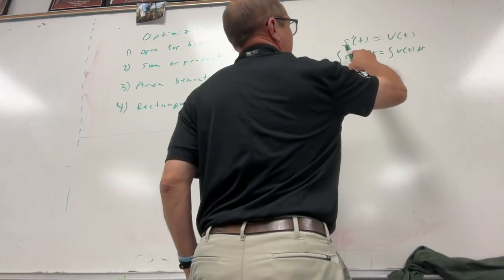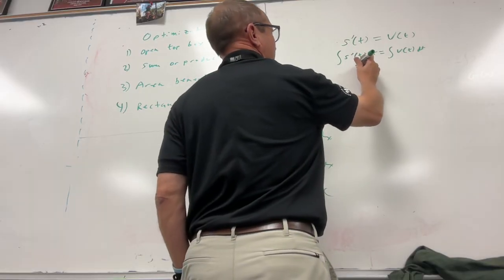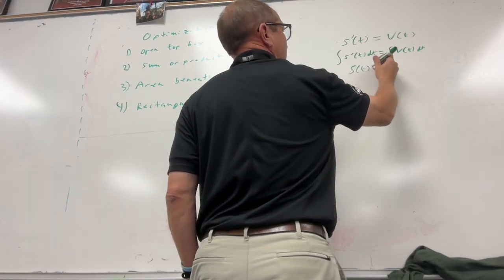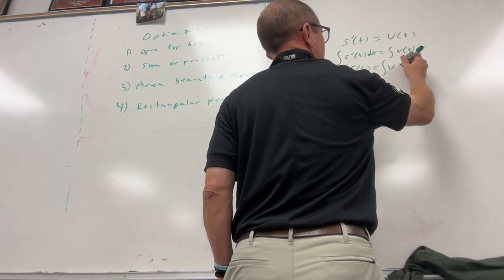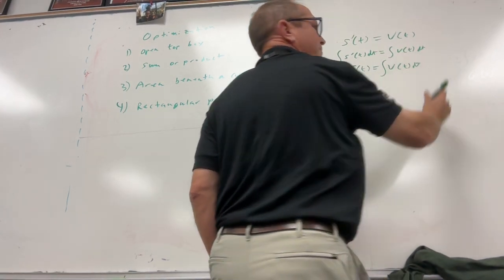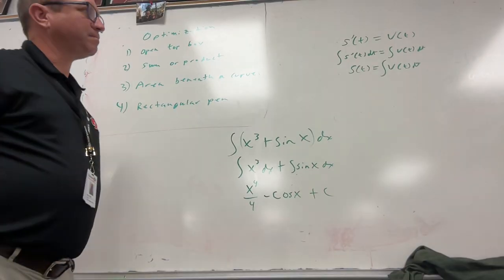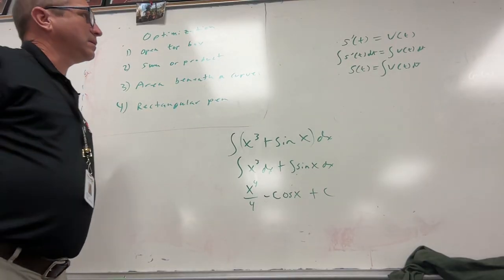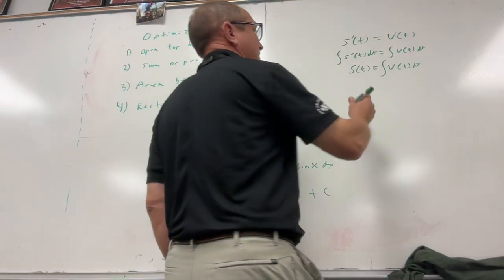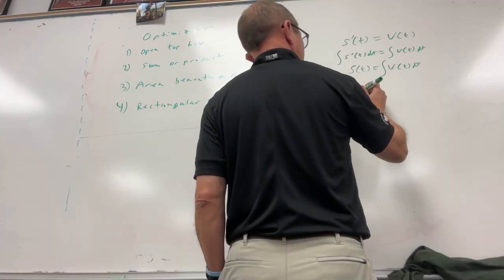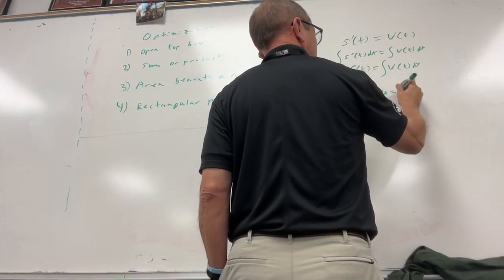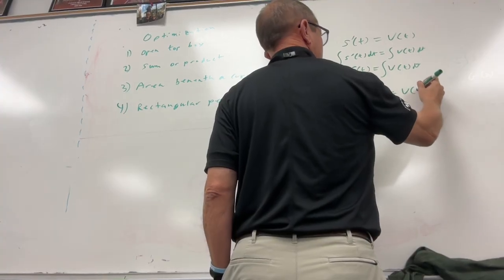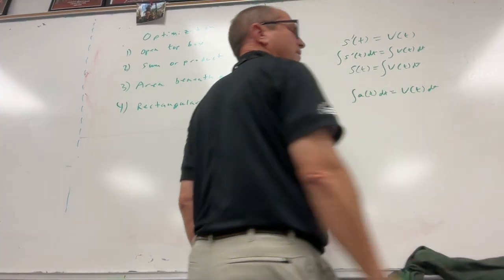So the antiderivative of the derivative of S of t would just be S of t. So S of t is going to equal the antiderivative of V of t dt. Likewise, the antiderivative of acceleration is the velocity.